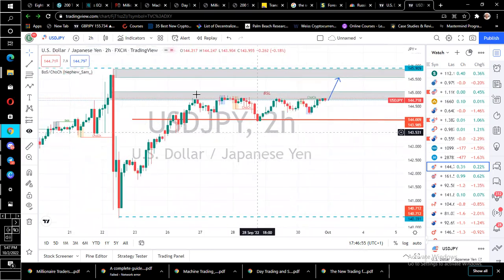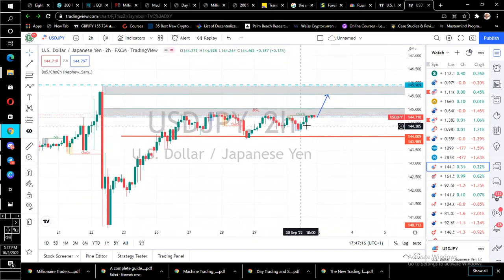And USDJPY has been here for a very long time, and as you can see, a lot of buy stop liquidity is up here. And there is a 1 hour OB here. So I will be expecting this guy to shoot to the upside to take away the buy stop liquidity and get mitigated by the other block here. Depending on how the movement goes to the upside, then I will know.